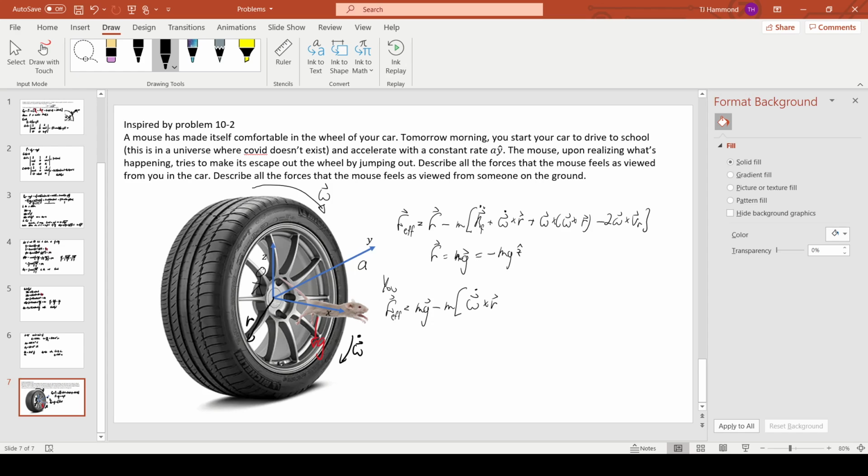So we're going to assume, say, that this wheel is moving without slipping, just as we always saw in the other problems. And so if that's the case, then the velocity of the car is going to be omega cross R, R cross omega.